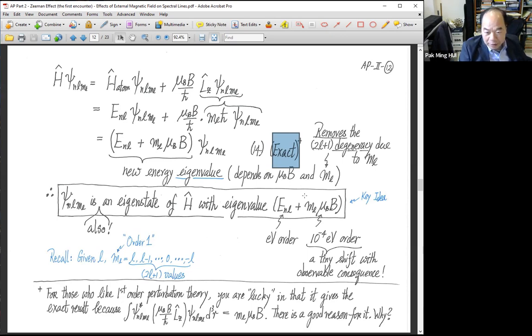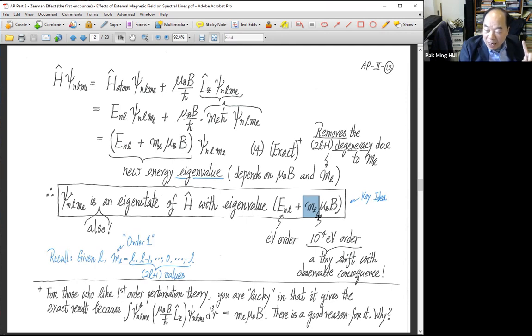Immediately we see the new energy now depends on the third quantum number. Previously, even in general atoms, not hydrogen, the energy will only depend on two numbers, n and l. So for 2P, you have three states, Px, Py, Pz. They are of the same energy. But now, with a B field, the energy depends on the third number.